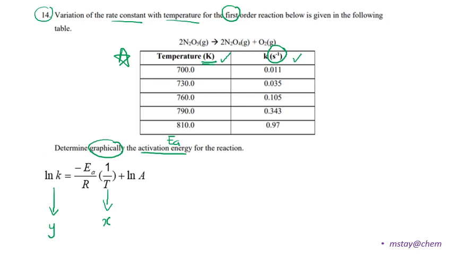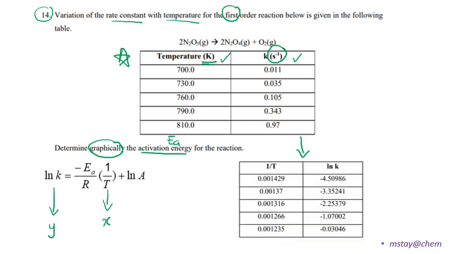The temperature given is in K, so we have to convert to 1 over T, and the rate constant we have to convert to ln K. So this is the table that we're going to use to plot the graph.